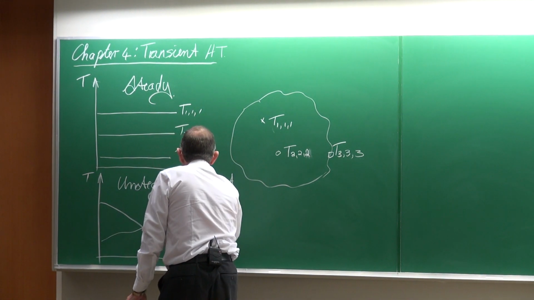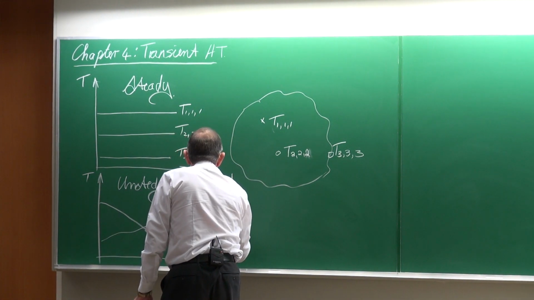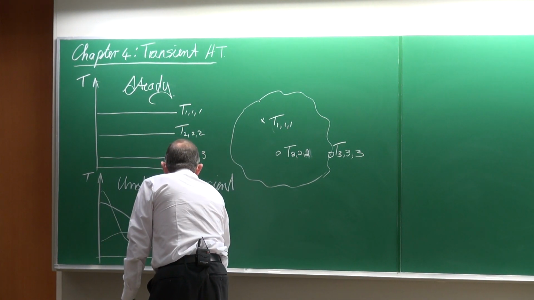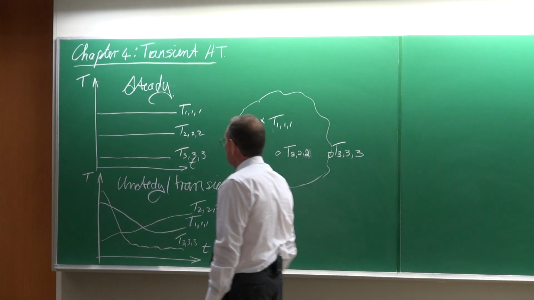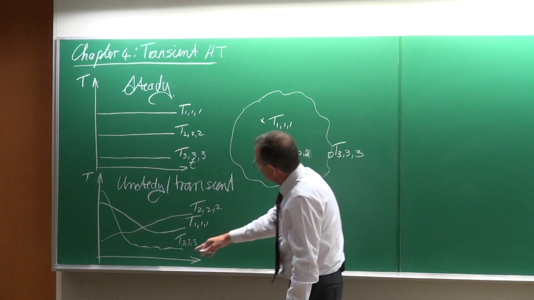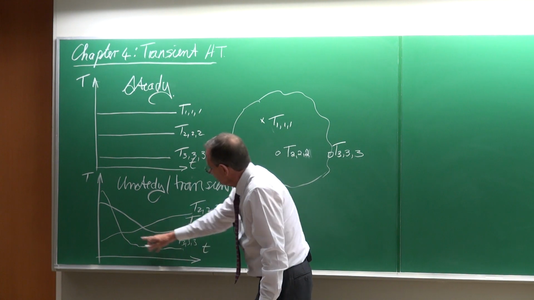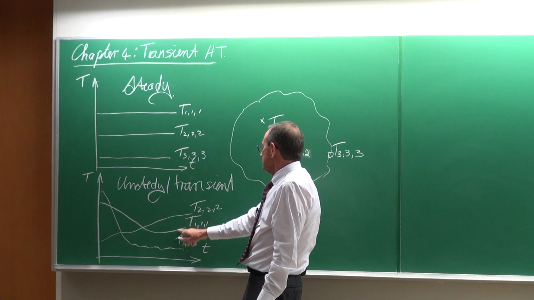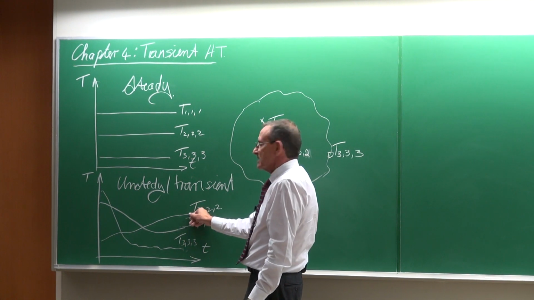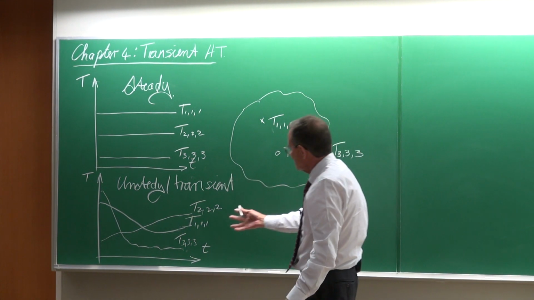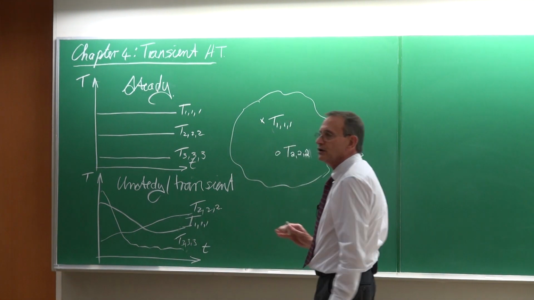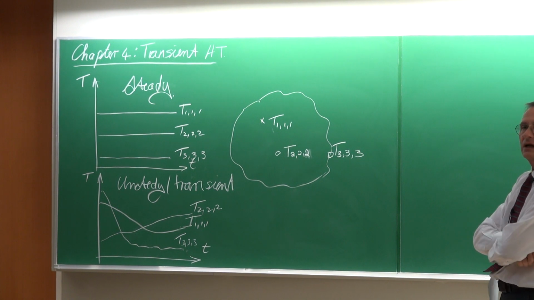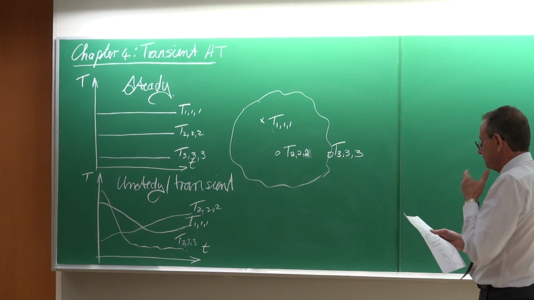Maybe the temperature at 2 is doing something like that, and the temperature at 3, something like that. So we can see that the temperature is changing, although it looks as if this temperature is starting to become constant. There are still changes here in the gradient, and we cannot say for sure that this temperature is going to change to values which are constant and therefore to steady state conditions.